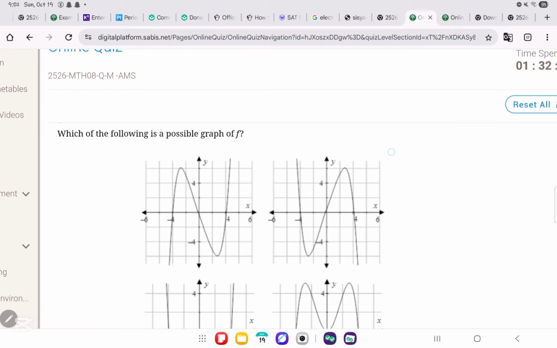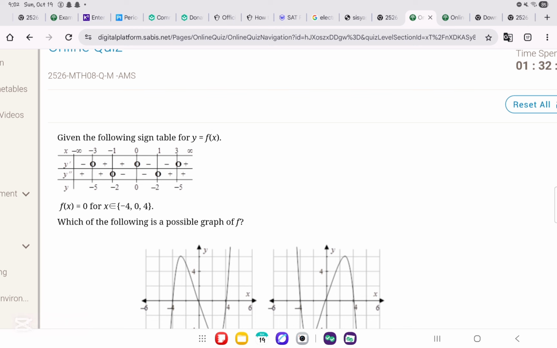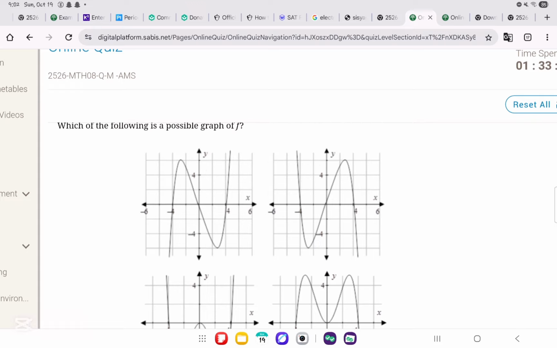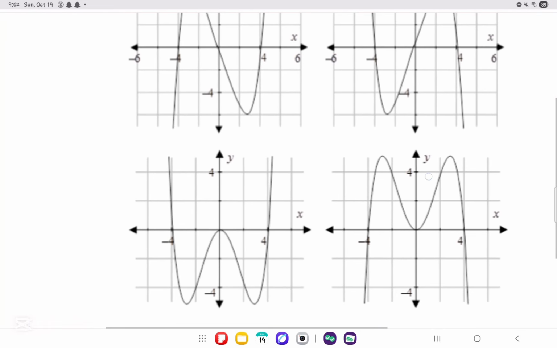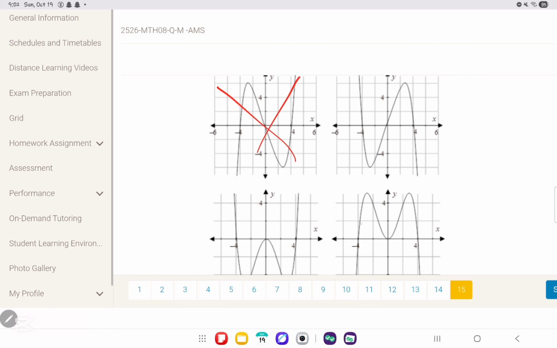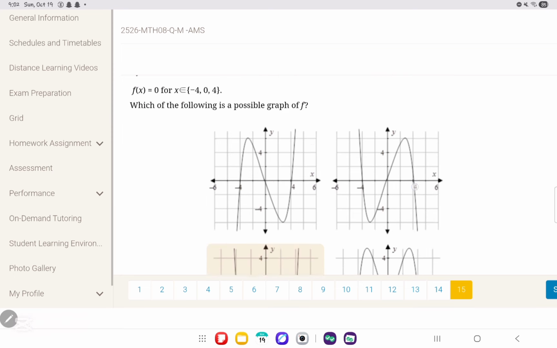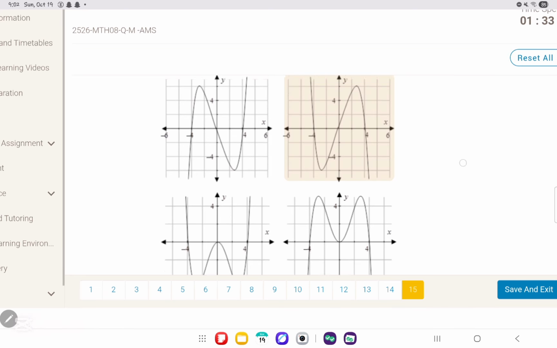First thing we should know is that at (minus 3, minus 5) it's going to be a local minimum. So we need to find, first of all, which ones have (minus 3, minus 5). These two are out because they don't have (minus 3, minus 5). However, this one and this one are still in because they both have the option of (minus 3, minus 5).